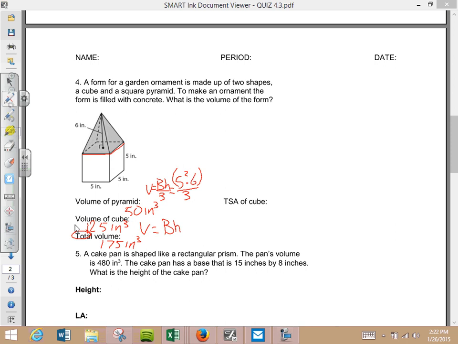For the TSA of the cube, I specified the cube, only the cube. That is the perimeter of the base times the height. The perimeter is 5 plus 5 plus 5 plus 5. 20, right? 20 times the height of 5. What is it? It should have been 100, right?